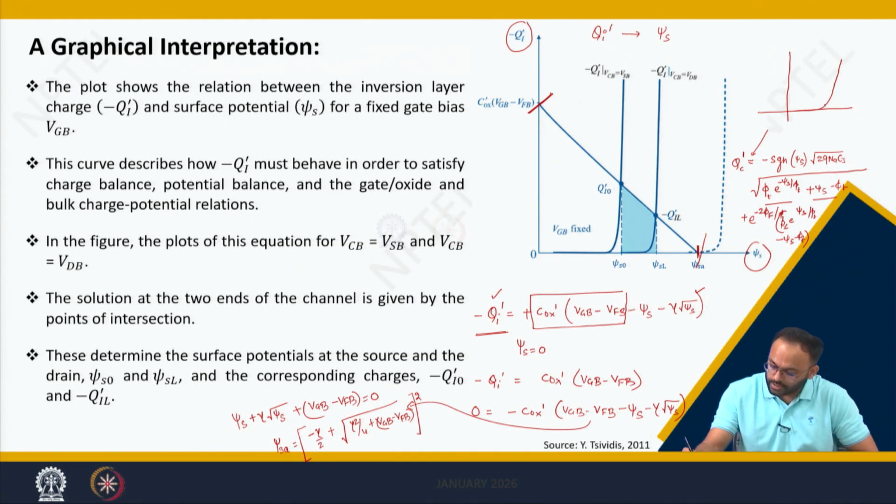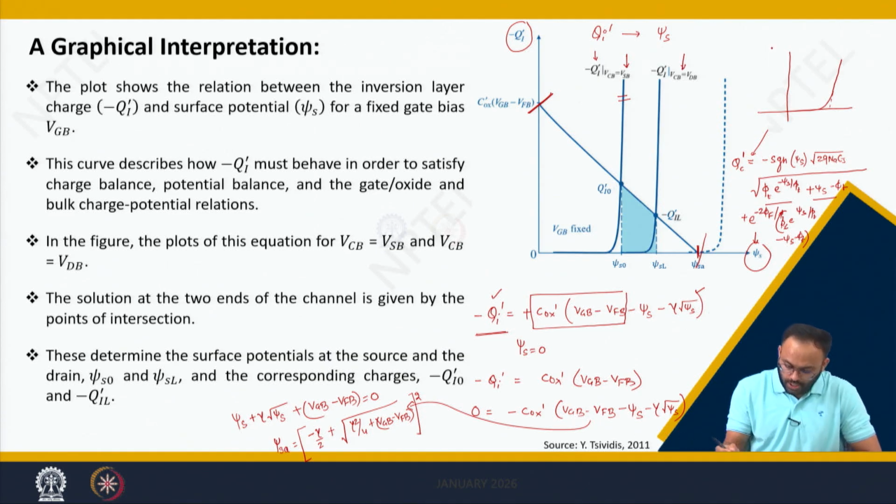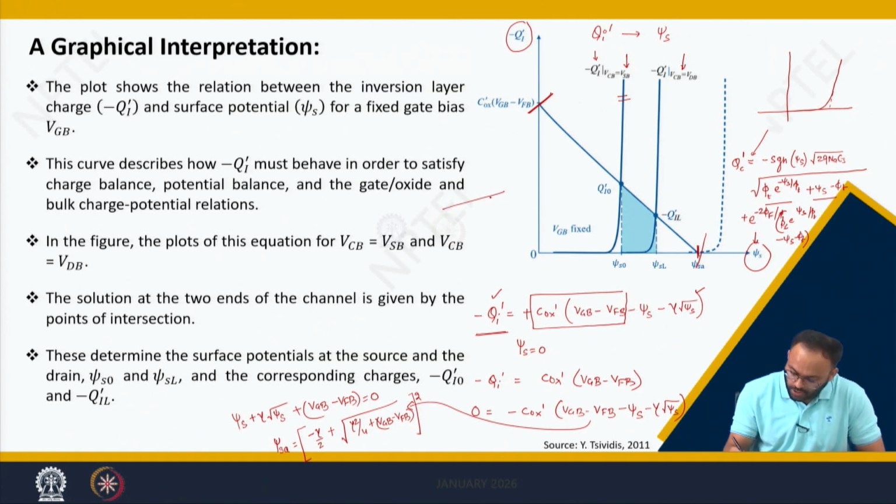So, by doing some approximation, we concluded that we can simply plot Qi dash with respect to psi s, and it looks like this. That is what we are plotting, Qi dash for different values of psi s, keeping VSB at source side and VDB at drain side. So, let me draw the schematic of MOSFET as well for the sake of simplicity.